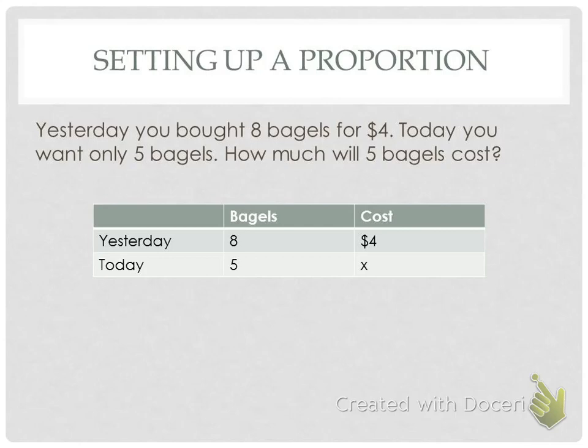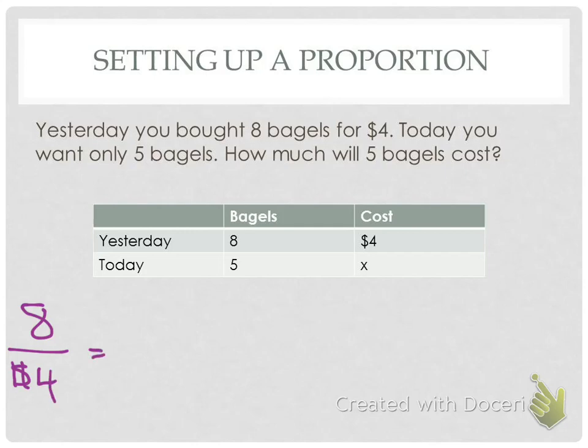So what you need to make sure that you do is you compare the same unit on both sides of the proportion, meaning bagels to bagels, dollars to dollars, whatever it is that you're comparing the same thing on both sides of the proportion. All right, so let's say our first ratio is going to be 8 bagels that cost $4 yesterday.